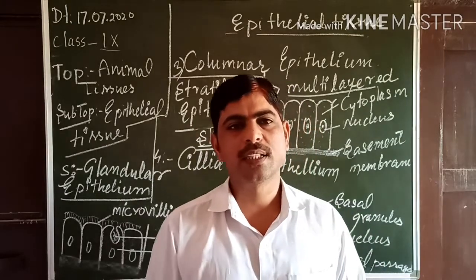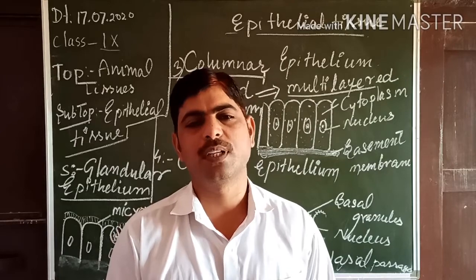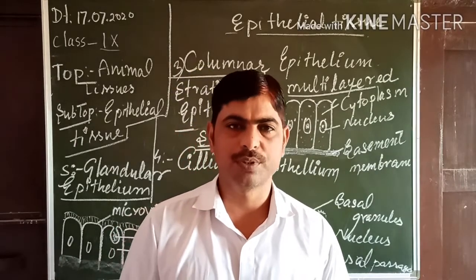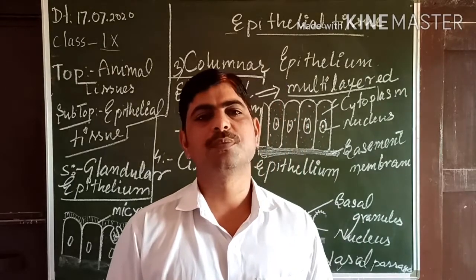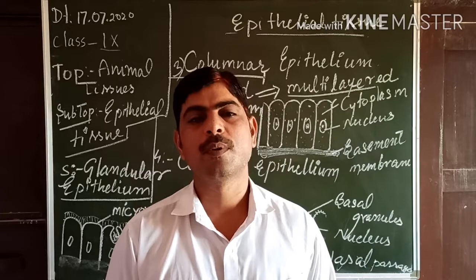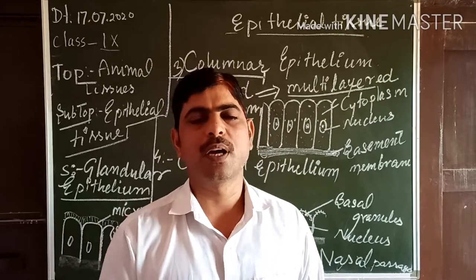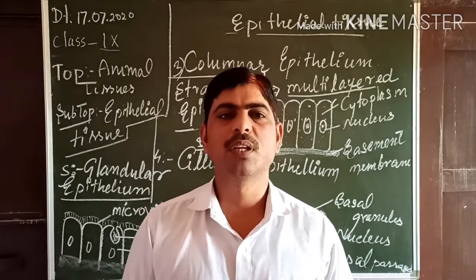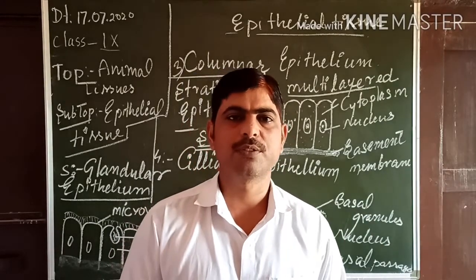The glandular, ciliated and stratified epithelium are modifications only. Glandular epithelium is a modification of columnar epithelium, ciliated epithelium is a modification of cuboidal and columnar epithelium, and stratified epithelium is multi-layered epithelial cells. Its occurrence is the skin. That is all for today.